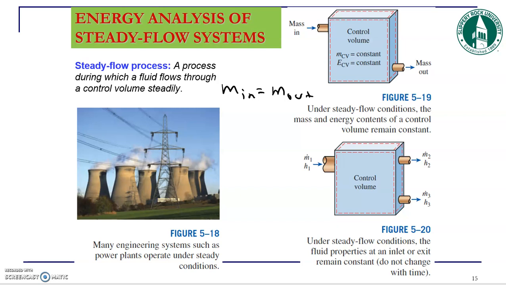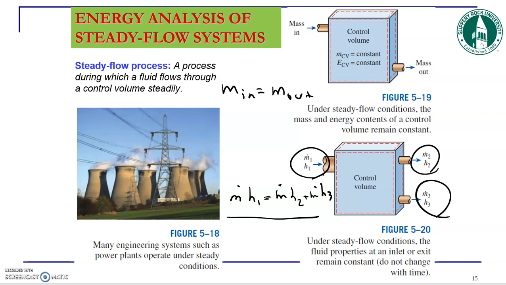And so if you want to write the energy balance for the system, if you ignore the kinetic and potential energies, then simply you just write m dot h1 is equal to m dot h2 plus m dot h3 for this specific system, because this is the input, these two are the output. So this is going to be my energy balance for this system because there are no kinetic or potential energy changes.